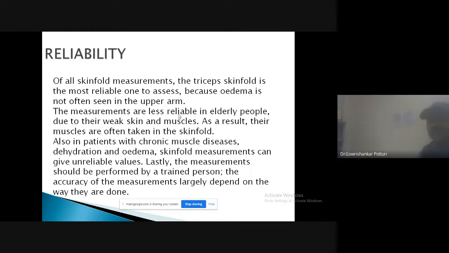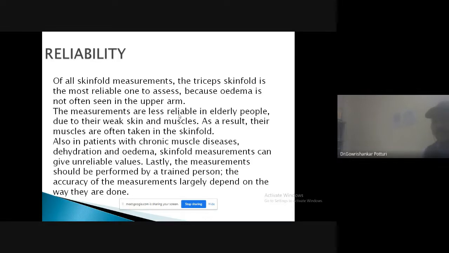The measurements are less reliable in elderly patients due to weak skin and muscles. As a result, their muscles are often taken in the skin fold. Also, in patients with chronic muscle diseases, dehydration and edema, skin fold measurements can give unreliable values. Lastly, the measurement should be performed by a trained person.